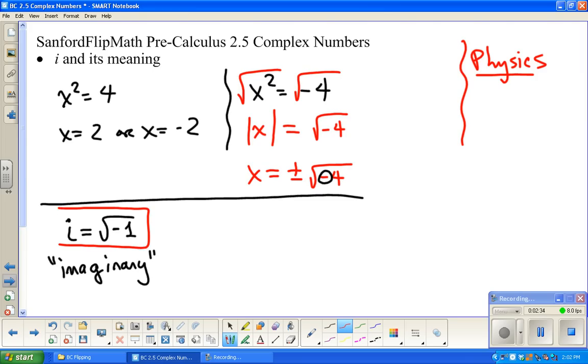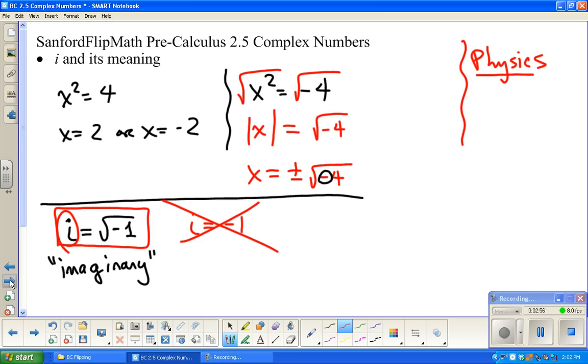Okay, so just so we're clear, i is the square root of negative 1. Now, a lot of times people talk about i being negative 1, and that is not true. It's the square root of negative 1. And again, there is no square root of negative 1. So again, all this is a bookkeeping tool. It is a way we give it a symbol so we can keep track of it.